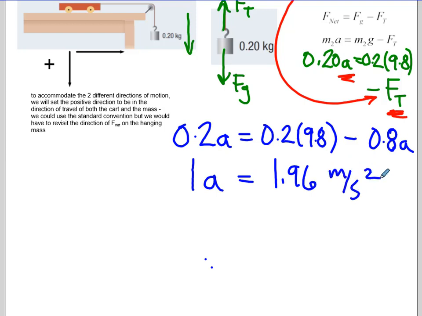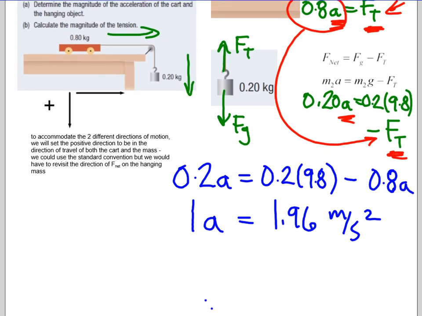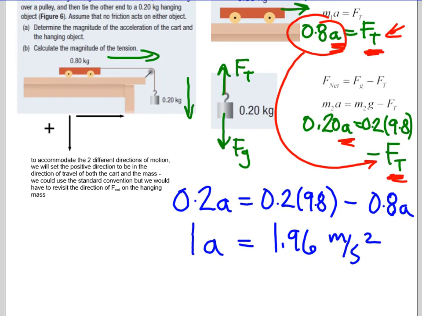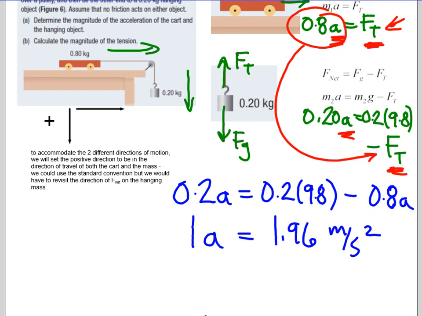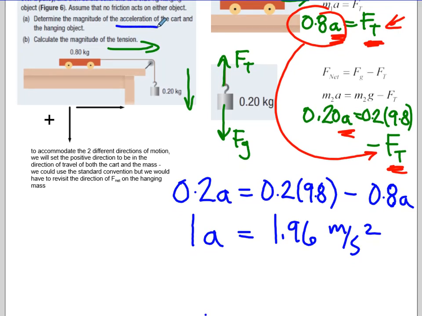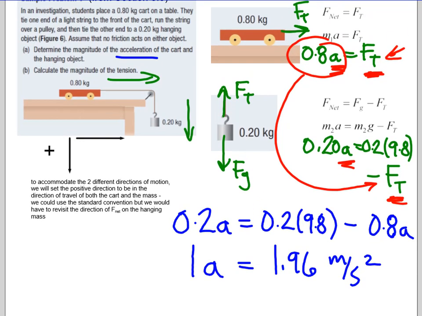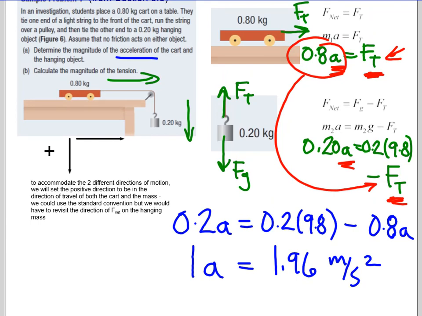So now I know the acceleration of the system. I believe I was asked for the magnitude of the tension in the rope as well. So I now have the acceleration. To get the tension, just like in math, we should have one equation here that's already isolated for tension, and lo and behold, I do.